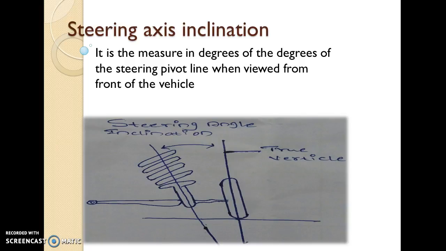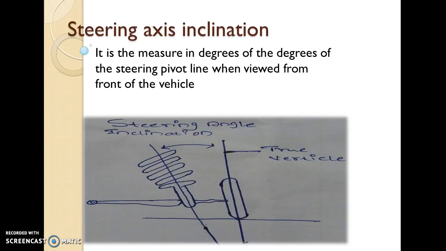And again, steering axis inclination is a non-adjustable angle. It is used with camber and included angle to diagnose bends, spindles, struts and mislocated cross members.